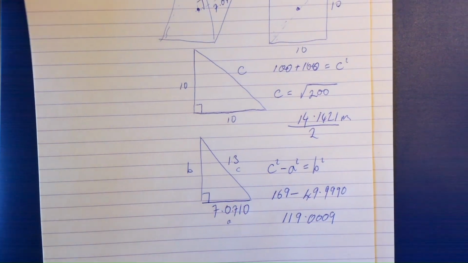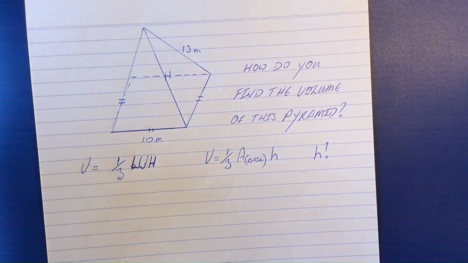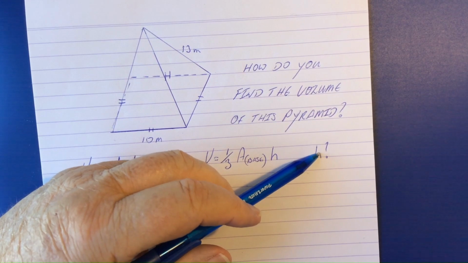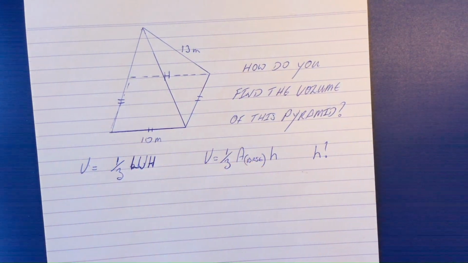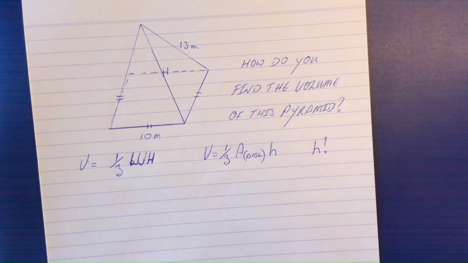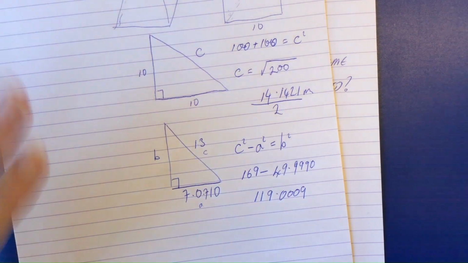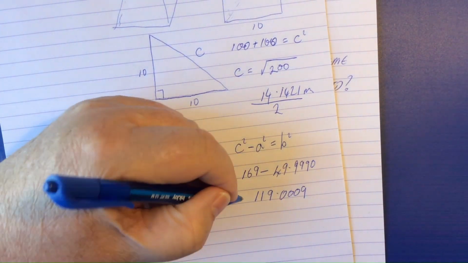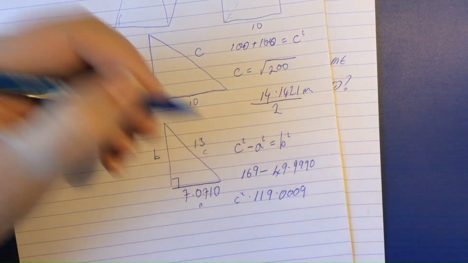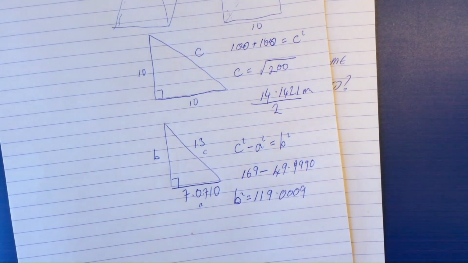Now note, we started over here with a formula and a problem. Our problem was to find that. Once we find that, we can come back here and do a very simple piece of working to find out the volume of this thing. All the work is in here, finding h. Okay, so what we know is that b squared equals that. So let's find the square root of that.